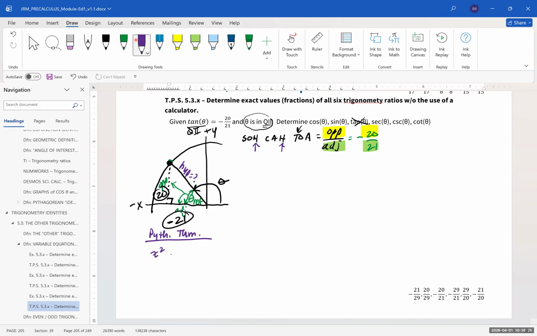So we're going to have x squared plus y squared, and then this terminal side is our radius, so I will just use r squared for that. And let's see here, x will be negative 21 squared plus 20 squared equals r squared. Take the square root of both sides, and here r is going to be equal to 29. That is our hypotenuse.